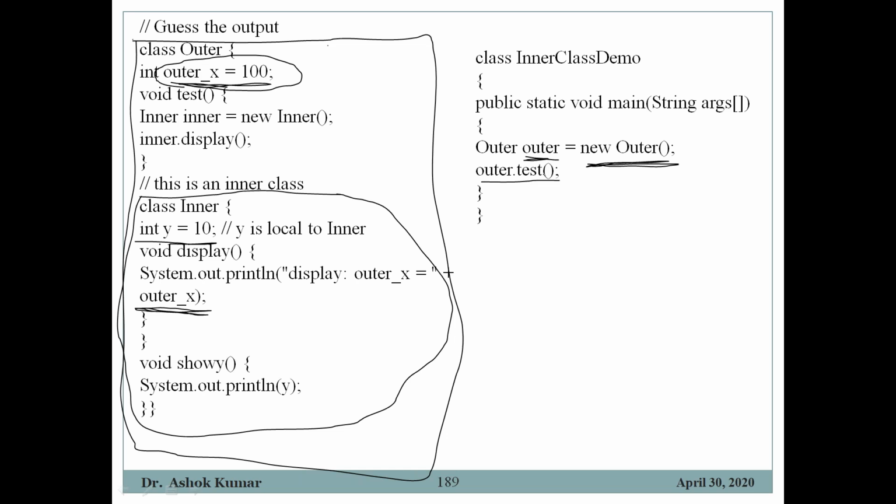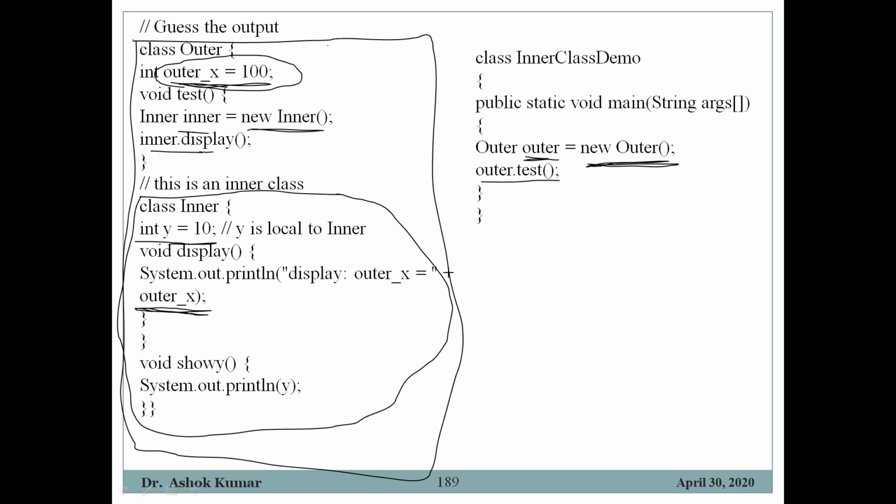With outer.test, we are calling the test method of the outer class. Within this method, we are creating the object of inner class as we discussed in the previous example also.